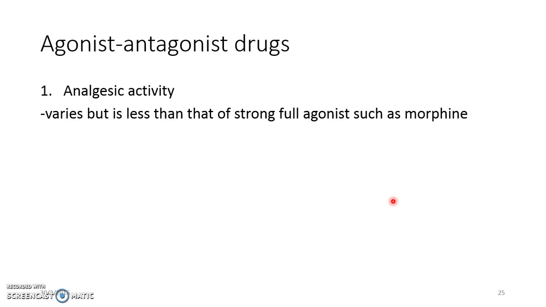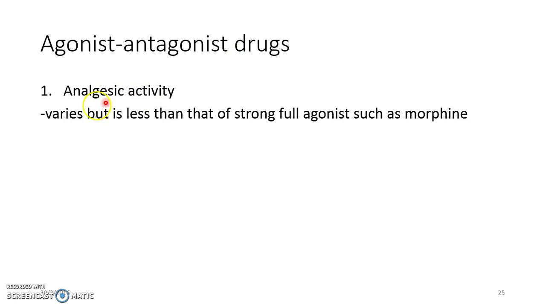Next, we go to another sub-classification of the major drugs in this topic. They are the agonist-antagonist drugs, such as buprenorphine, butorphanol, and nalbuphine.